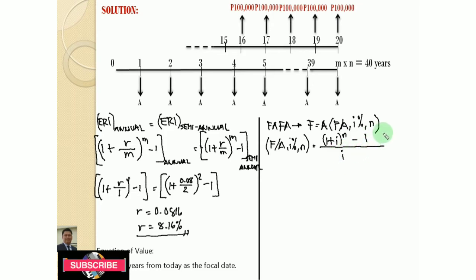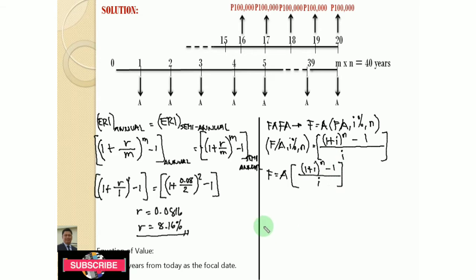Substituting, F is equal to A times (1 plus i) raised to the n minus 1 all over i.